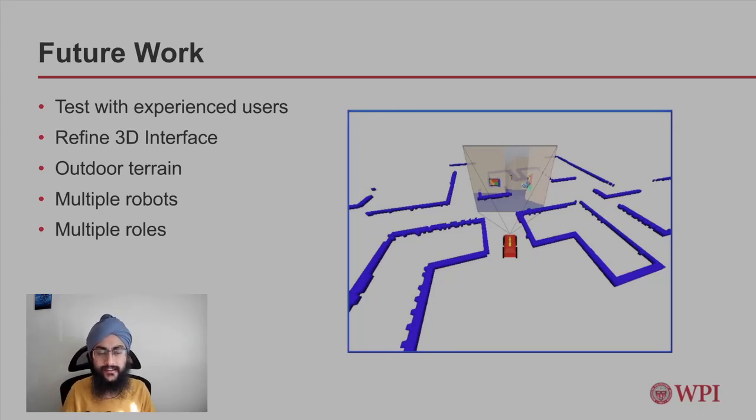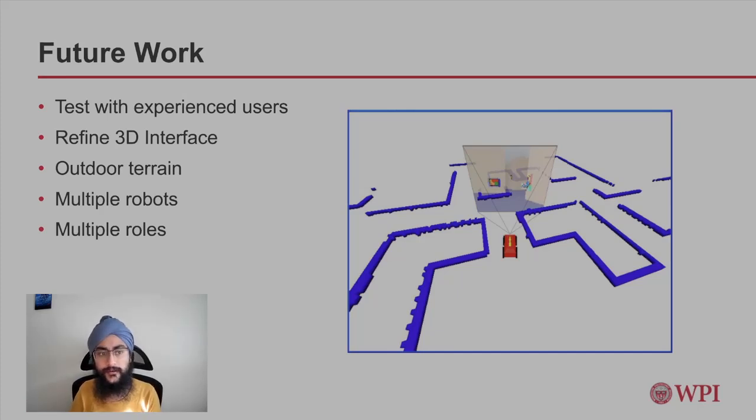So it'd be interesting to see if maybe in some cases the 2D interface is actually better, but only when the user gets a lot of time to practice with it, because the 3D interface might be more natural and quick to pick up, but the 2D interface might present the data in a more streamlined way. And so that would be a good thing to test with more experienced users.